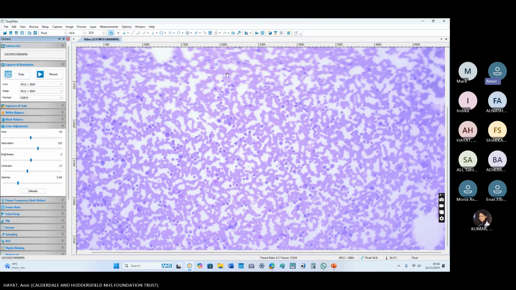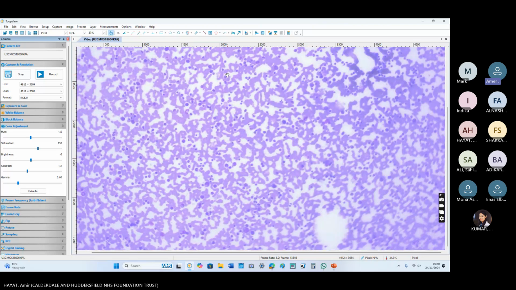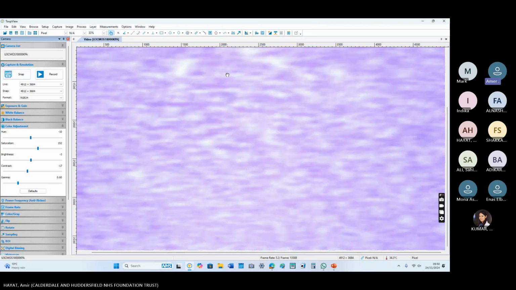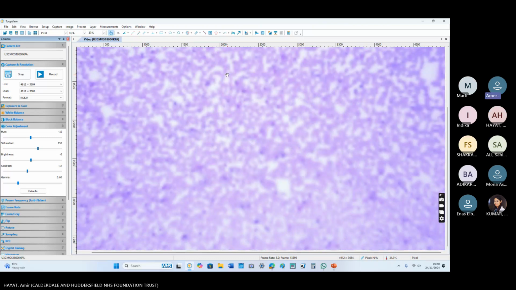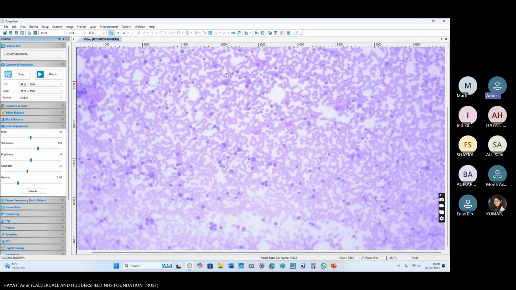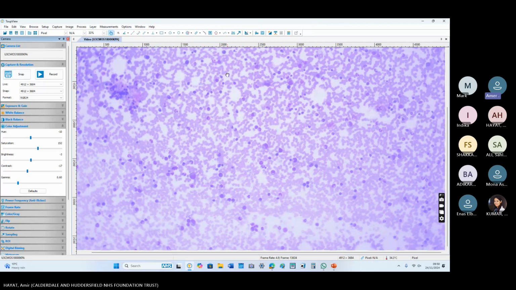So this aspirate is quite cellular. You can see a lot of cells here. This was particulate as well. And let's find a thin area to see the cells. See what do you think of these cells?